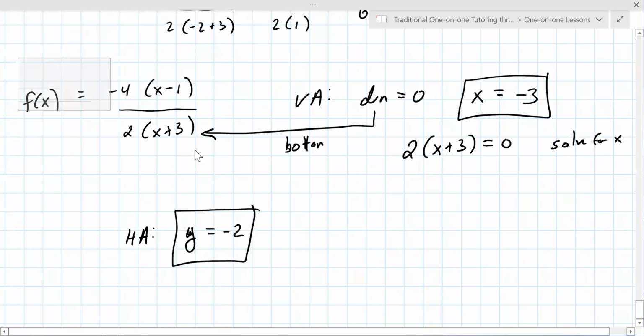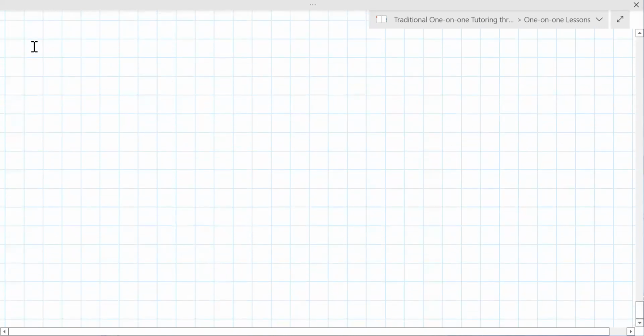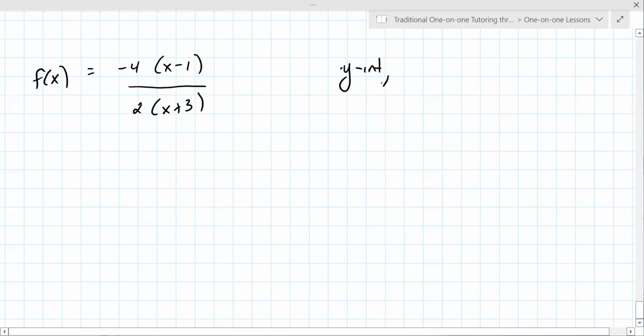Okay, so now let's go back to the reduced form again. And I want you to find now the y-intercept. Look back in your notes if you need to, and if you want to confirm with me, you can. Let me know what you come up with.